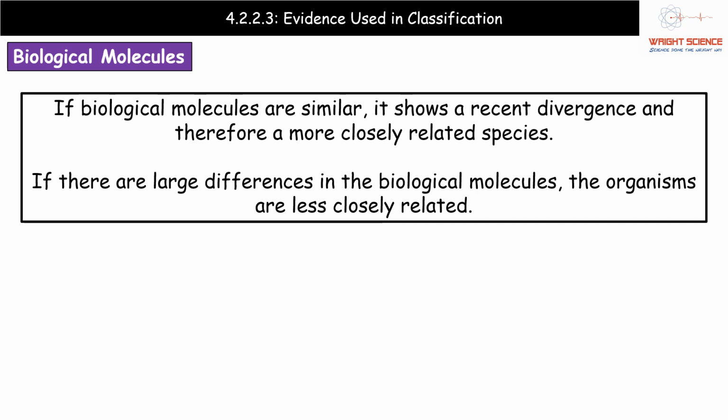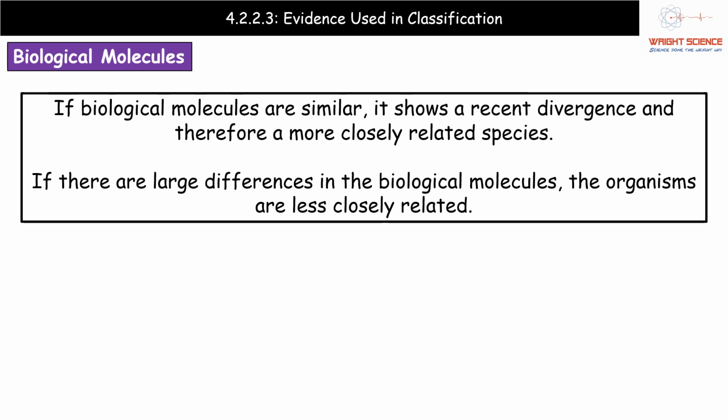When we're looking at these biological molecules, we are literally looking for how similar or how different they are from one another. If we've got two of those biological molecules, so two cytochrome Cs from different organisms, and they're really similar to one another in their structure, then what we can say is that those two species are more closely related and they diverged from one another at a recent time in the past.